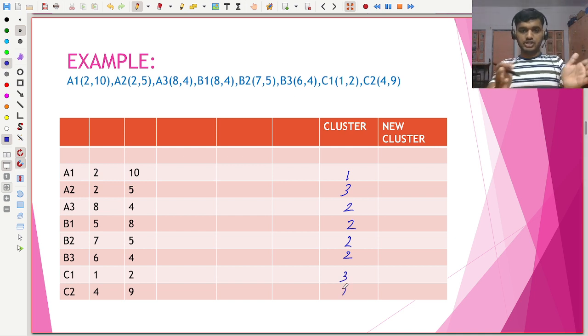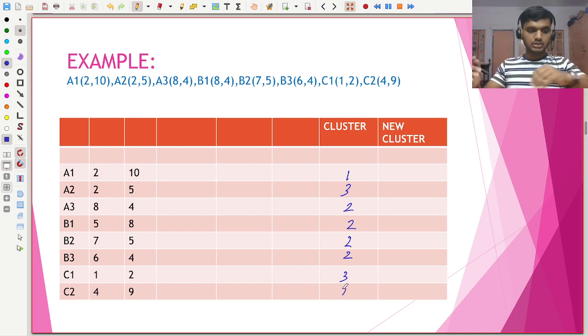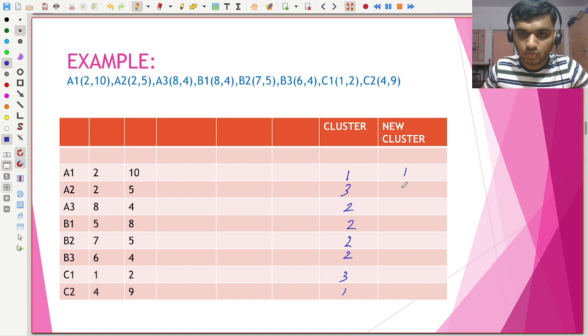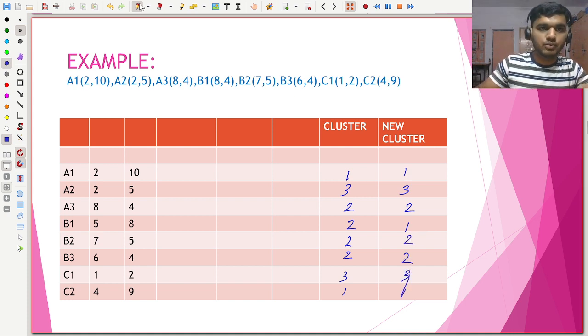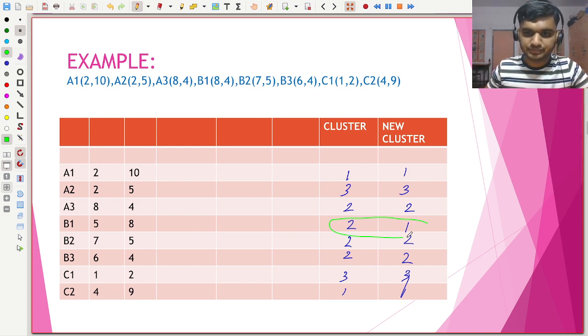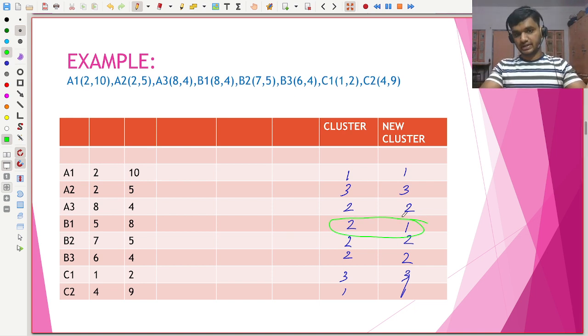Present is the old cluster. Here you mark after calculation, the new cluster will be 1 3 2 1 2 2 3 1. Here it changes. So updated again.